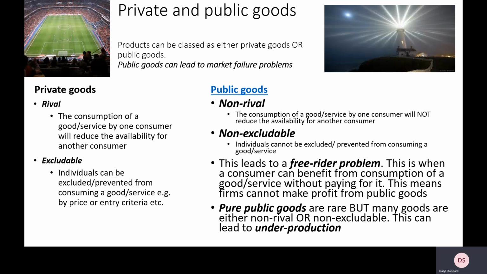Once that grit has been put on the road, there is no way of preventing people from benefiting for free. It's not excludable. We cannot put grit on the roads that only benefits people that have paid and doesn't benefit people that haven't paid. So again, this will create a free rider problem, where some people can benefit from this product without having to pay for it.